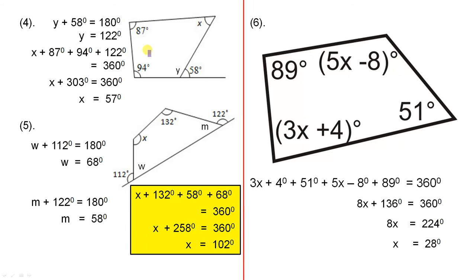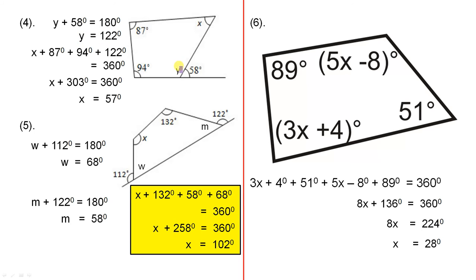Over here we have another one. This is a bit different because we have to find y first before we can find x. We know that on the straight line, when you add the two angles there, that gives us 180 degrees. That's why y plus 58 gives us 180, so y must be 122.